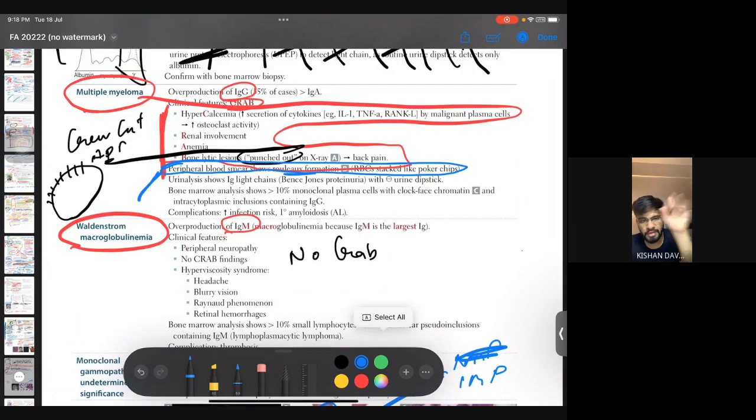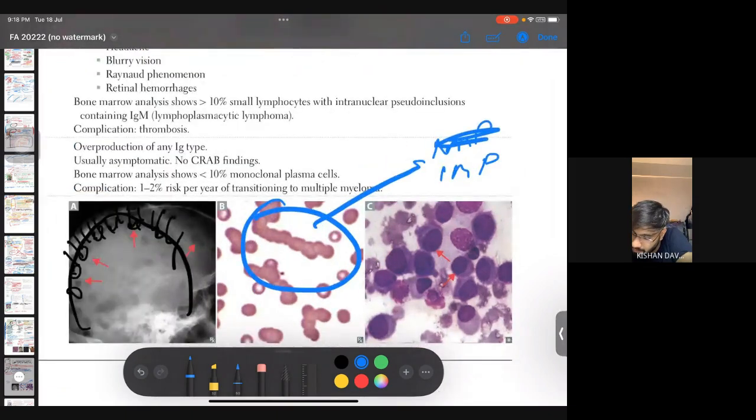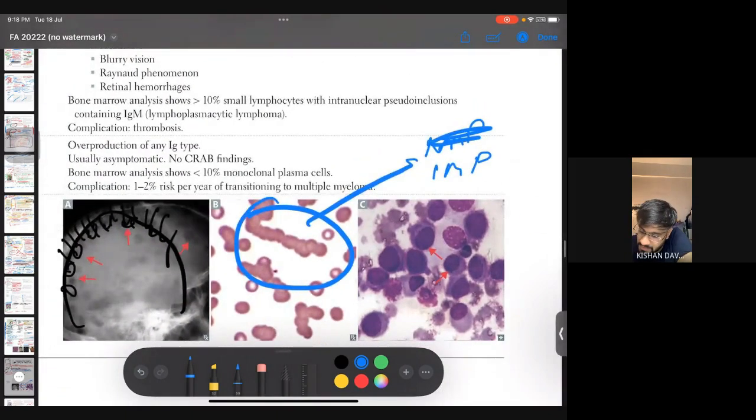They will give you this, you need to remember it. Urinalysis shows Ig light chain, Bence Jones proteinuria with negative urine dipstick. Instead of Bence Jones proteinuria, they may just give you proteinuria. Bence Jones is not necessary. And your important point is, bone marrow analysis shows greater than 10% monoclonal plasma cells with clock face chromatin. See, in this it is not clear, but if this is a plasma cell, this is the chromatin, inside it there will be a clock face pattern.